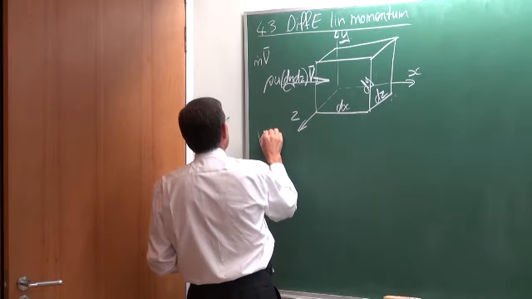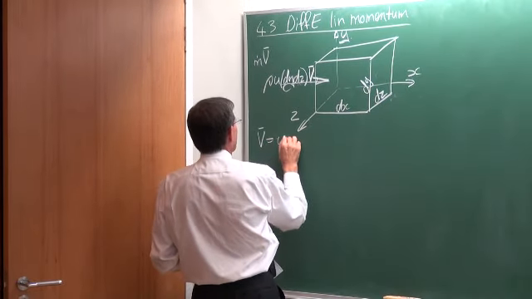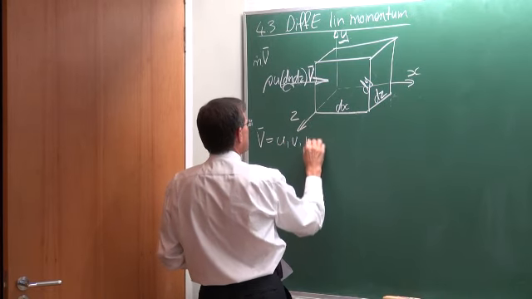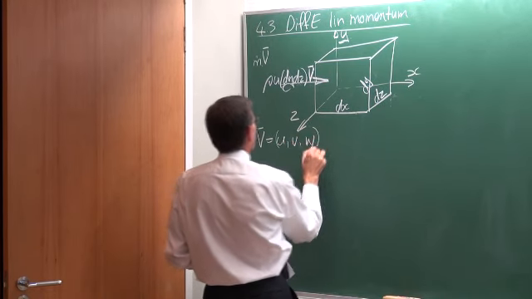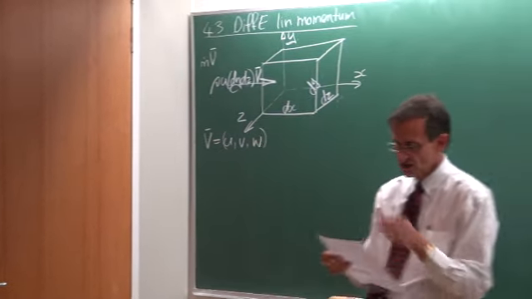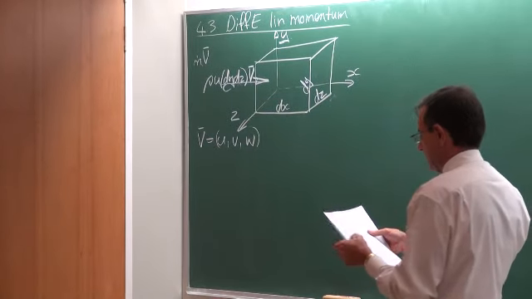In terms of the velocity vector, obviously it will have components u, v, and w in the x, y, and z directions, just as we've done yesterday.